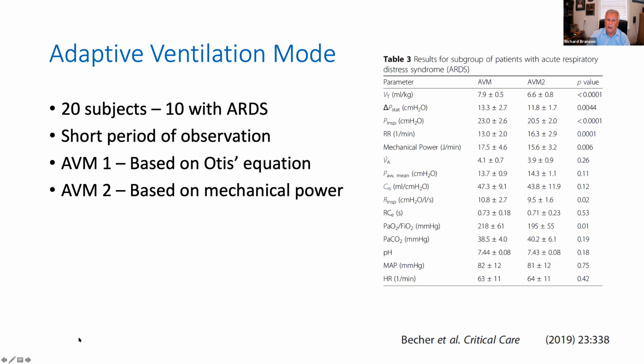This paper in Critical Care by Becker looks at 20 subjects, 10 with ARDS, a very short period of observation, one with AVM2, the second observation period, or AVM1, then AVM2, based on mechanical power. And again, you can see these differences in tidal volume, lower with AVM2, the static compliance, or the plateau pressure, lower, inspiratory pressure, lower, and a significant reduction in mechanical power.